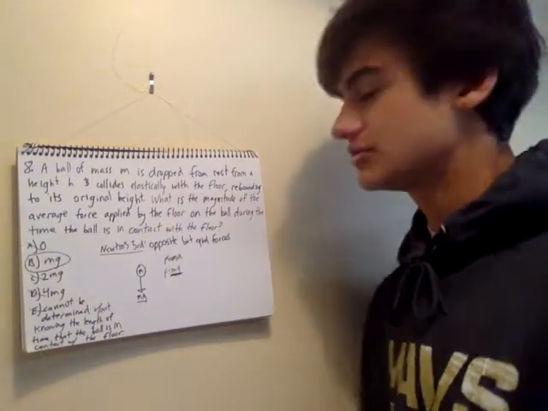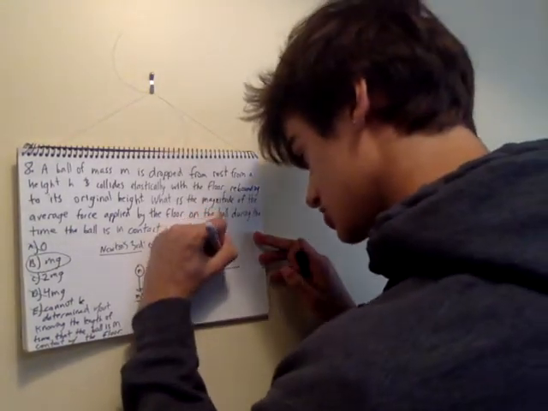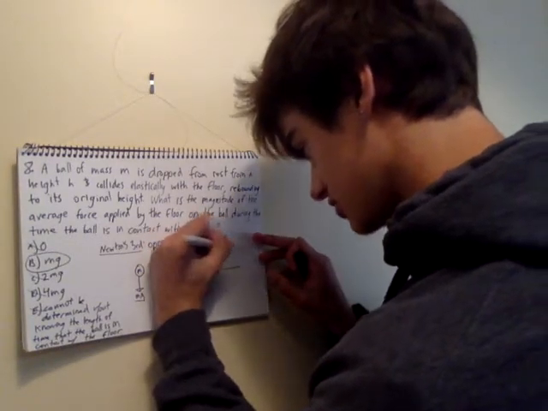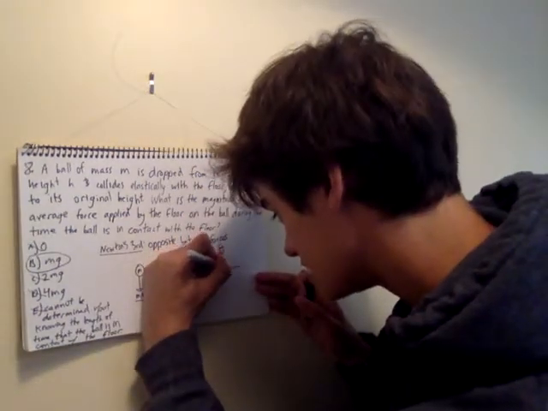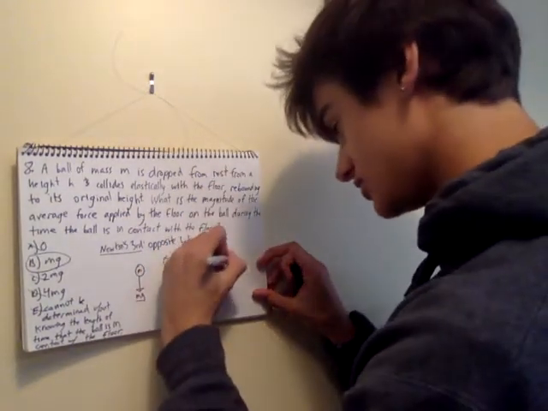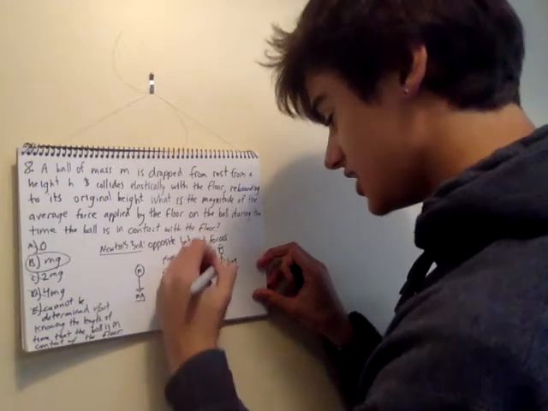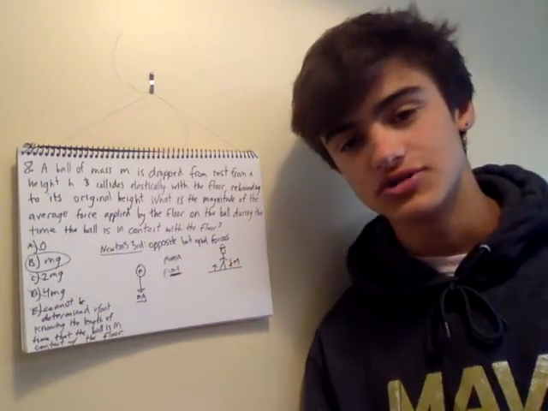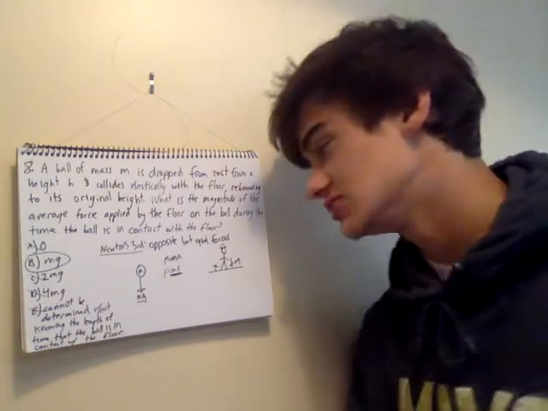So, for example, if we've got the floor here and we've got Jimmy John, let's give him a little hat, standing on the floor. He's exerting a force on the floor, right? His weight, so mass times gravity, and then the floor exerts the same magnitude of force, but in the opposite direction, up versus down, on Jimmy John.